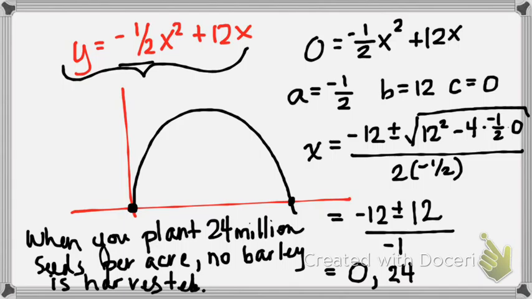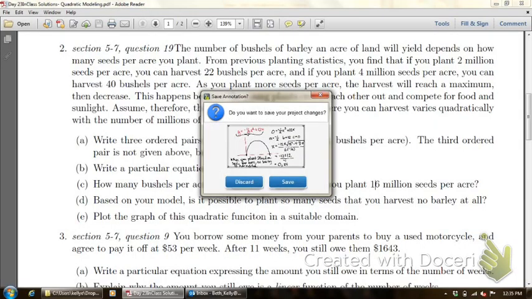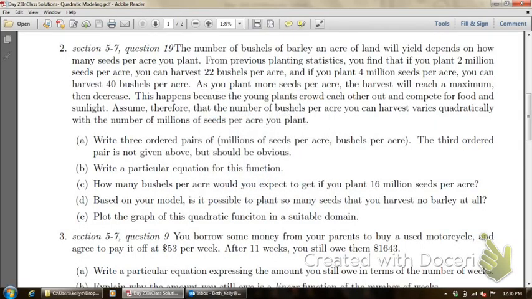Let's see if we have answered the whole question. We still have part E, and we want to plot the graph of this quadratic function in a suitable domain. So let's do that, and let's get some graph paper. Here we are.